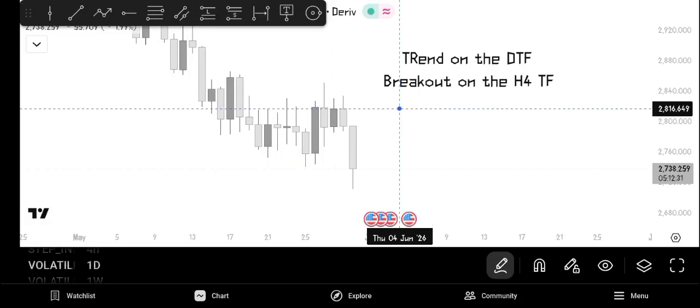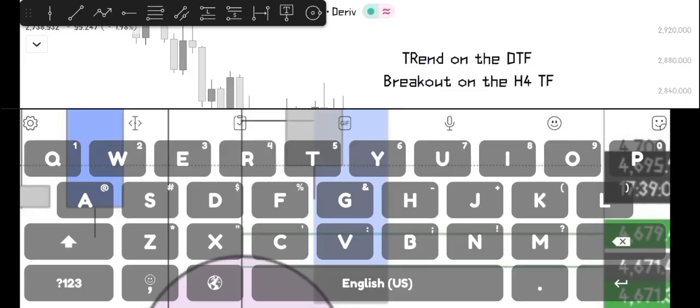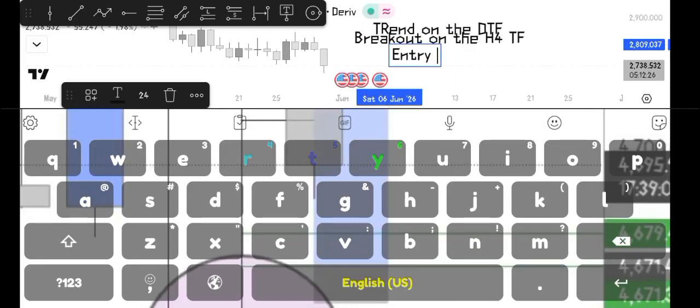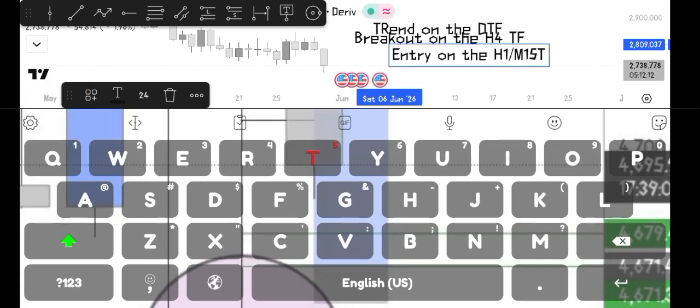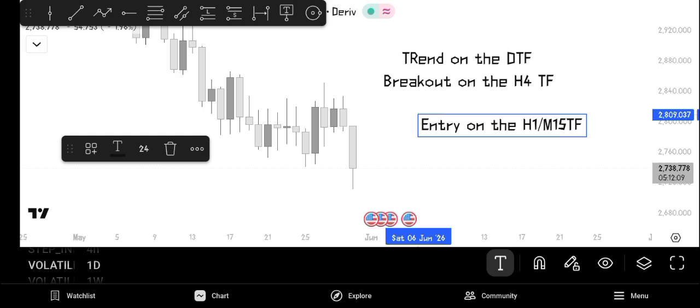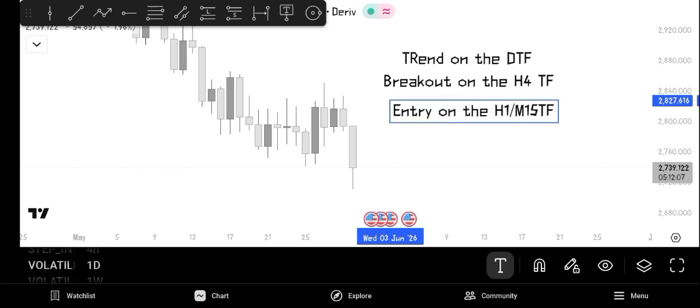I really love to use the 15 minutes. So entry on the 1 hour or the 15 minute time frame. It's as simple as that.